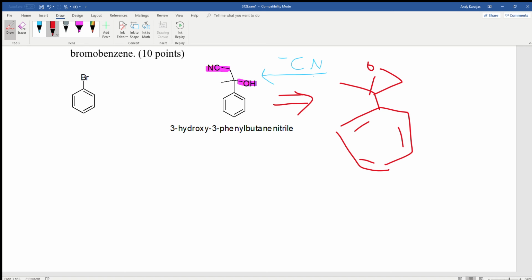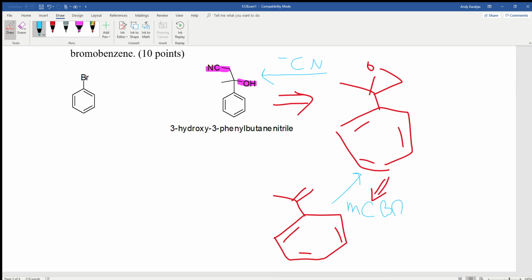Now, an epoxide we know that we can make from an alkene, so we could assume that this compound would come from the corresponding alkene. And if we're drawing the forward direction, that's the alkene plus mCPBA.